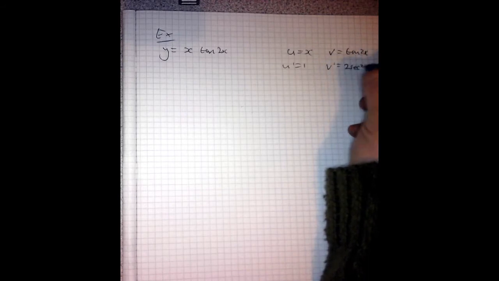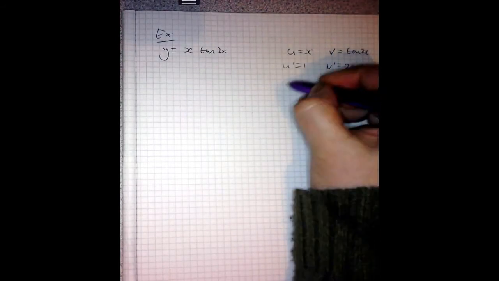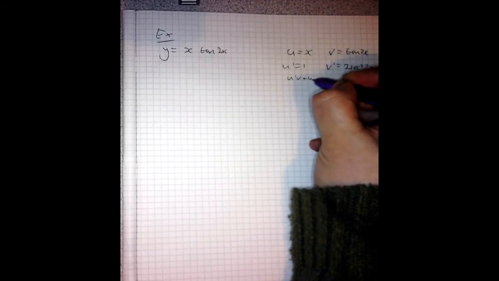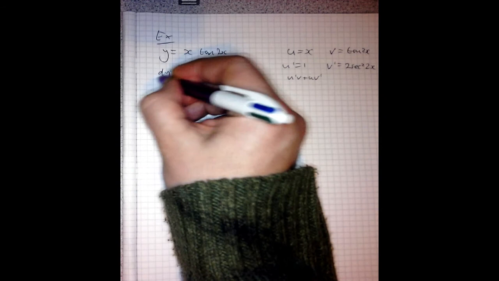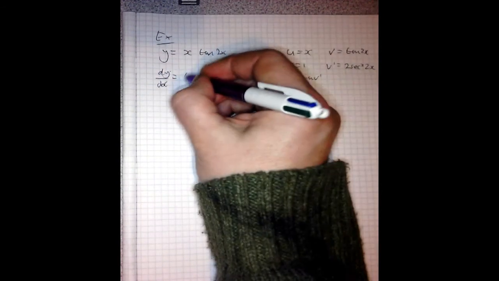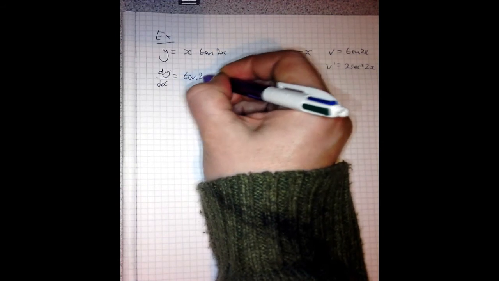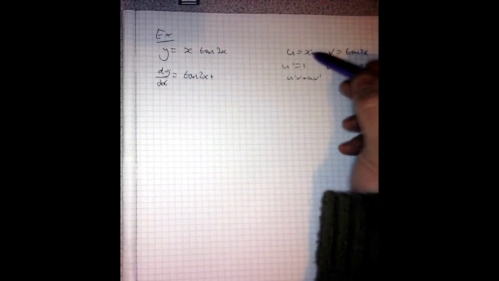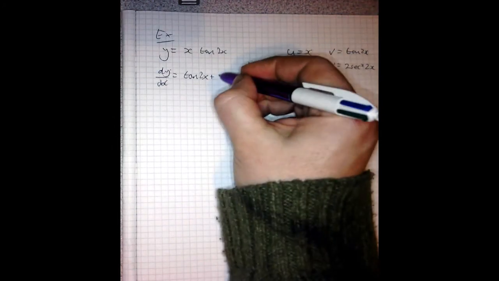So dy/dx is u dash v, tan 2x, plus u v dash, 2x sec squared 2x. And I'm just going to leave it like that.